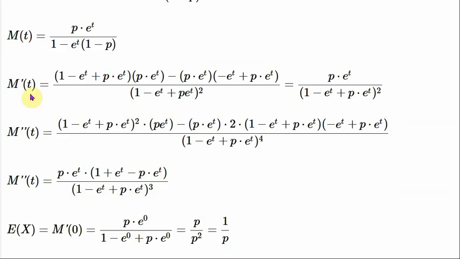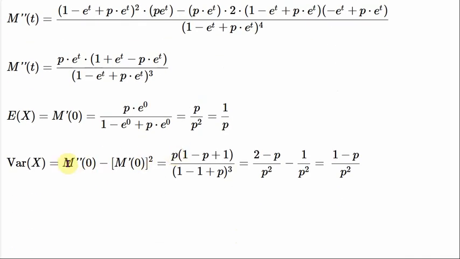Evaluate the first derivative at t equal to 0, then we get 1 over p. And then to get the variance, first evaluate the second derivative at 0, and then we end up with this.